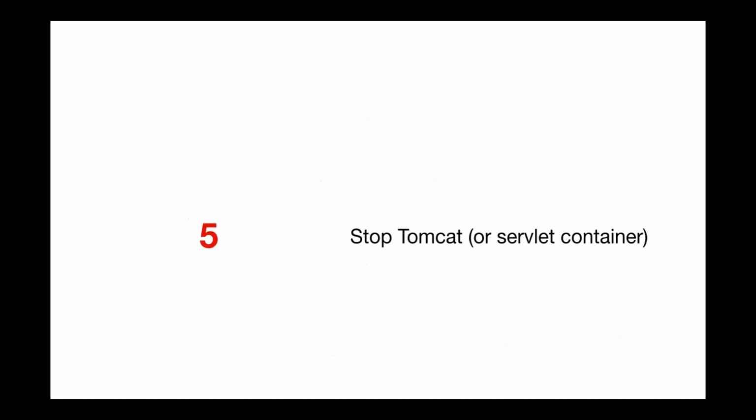Stop the Tomcat, because if you have the Tomcat running and there are some activities connected to Tomcat while compiling, probably you're going to face some problems. So you need to stop the Tomcat.